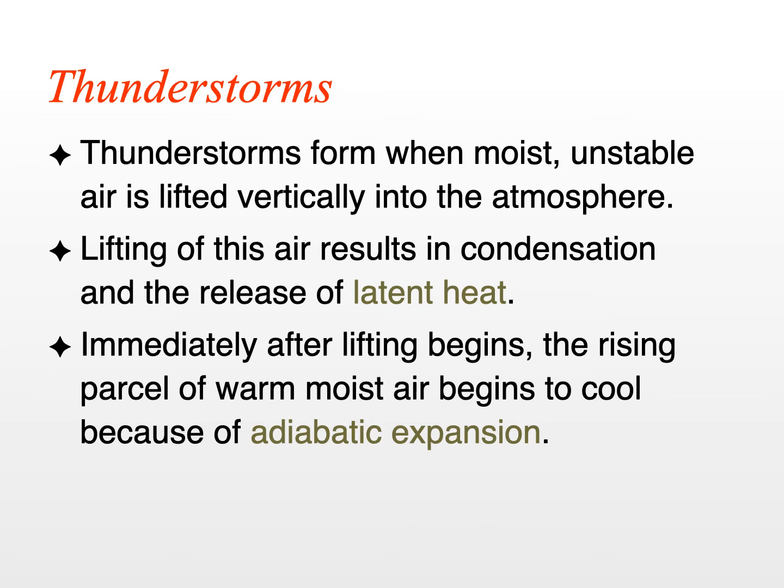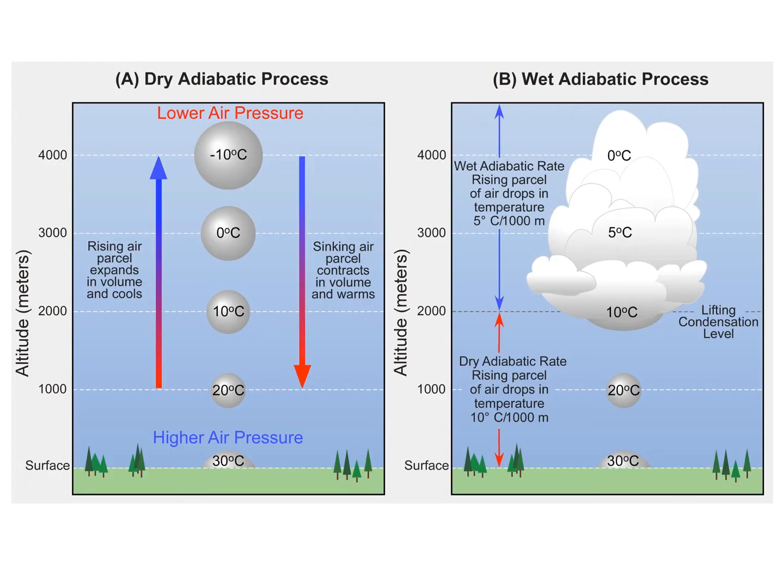As soon as lifting begins, this parcel of air begins to cool because of adiabatic expansion. If that cooling results in the release of latent heat energy, the storm will gain energy as it develops with altitude.